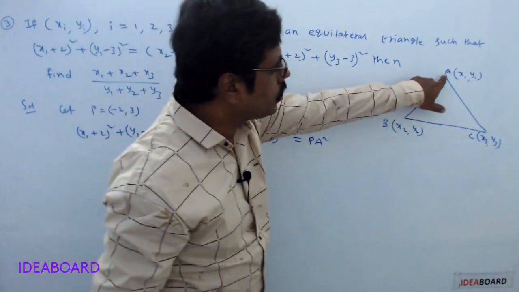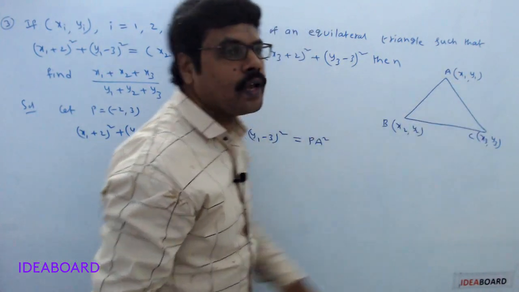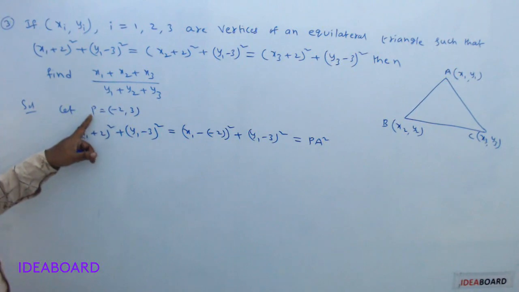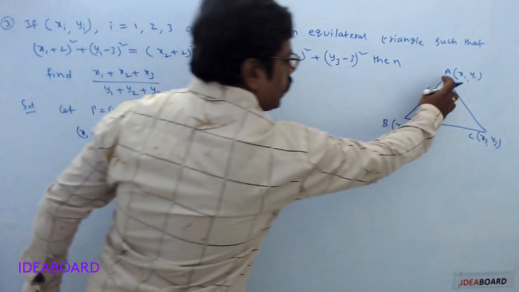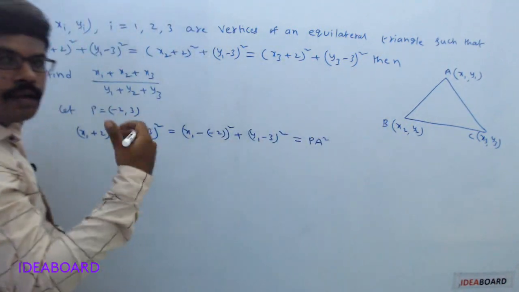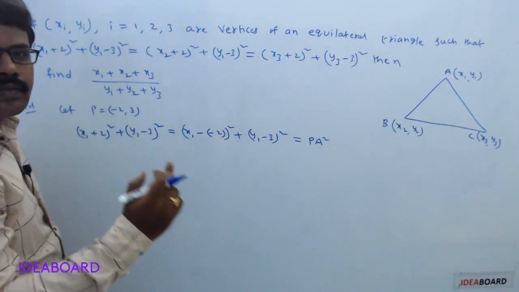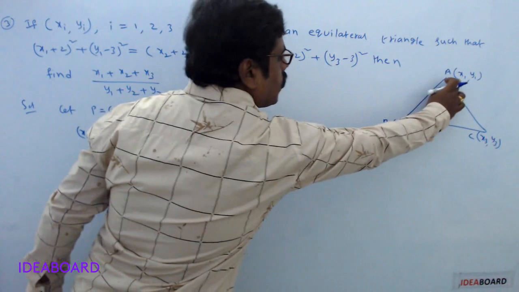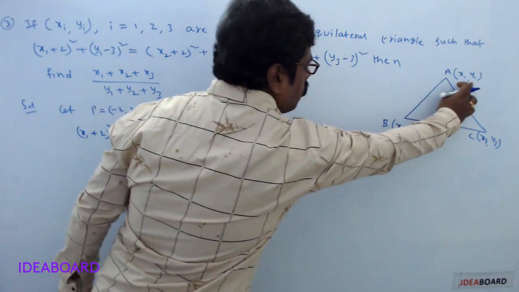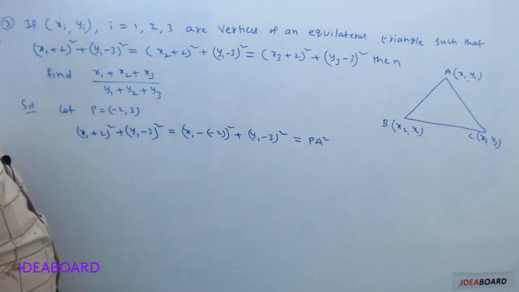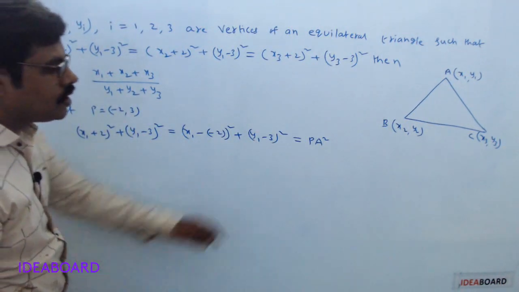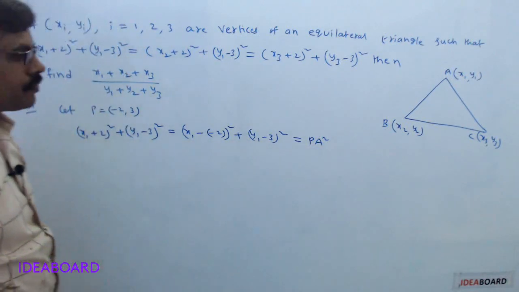What is your A point? x1, y1. If you calculate the distance between the points A and P, AP or PA equals the square root of (x1 minus of minus 2) whole square plus (y1 minus 3) whole square. So this expression is nothing but PA square.